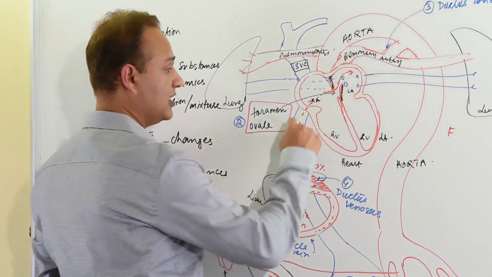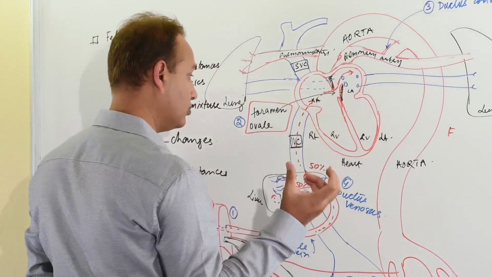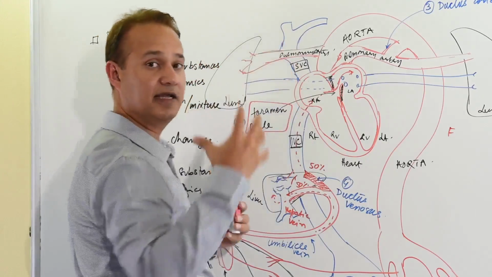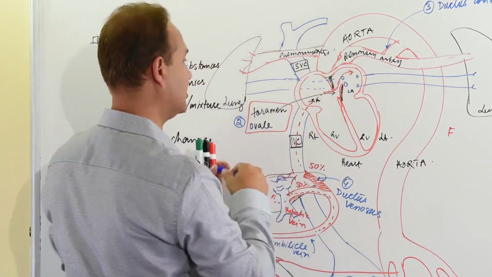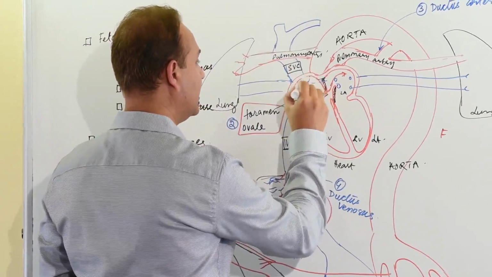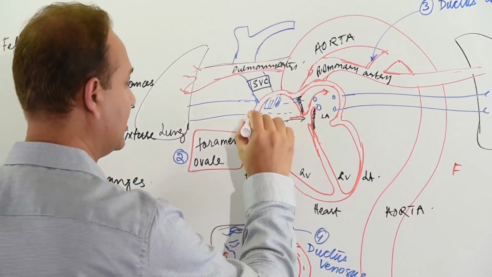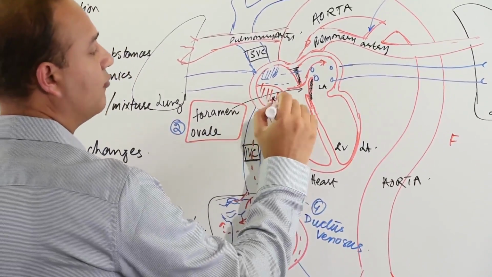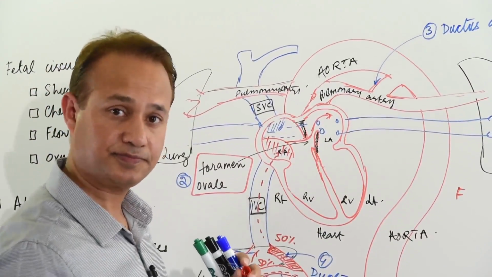Over there, blood is coming through the inferior vena cava, which is oxygenated, lots of oxygen is present in it, and then blood is coming from the head and neck area through the superior vena cava, which is deoxygenated, and that mixture would occur here. Most of this oxygenated blood would flow to the left atrium.